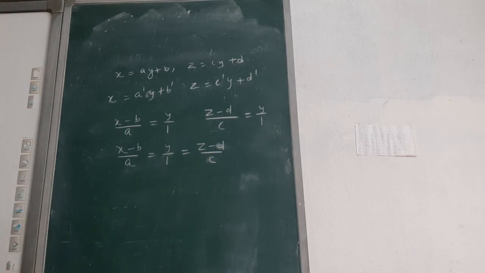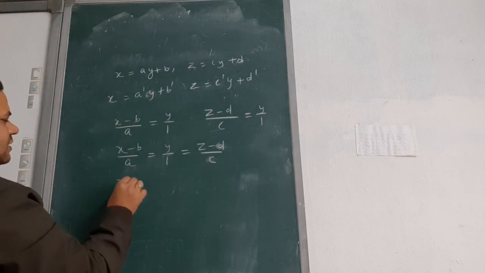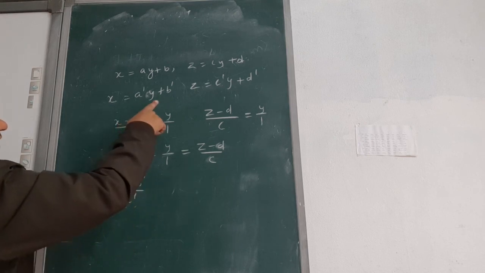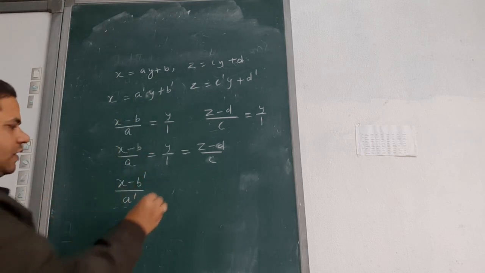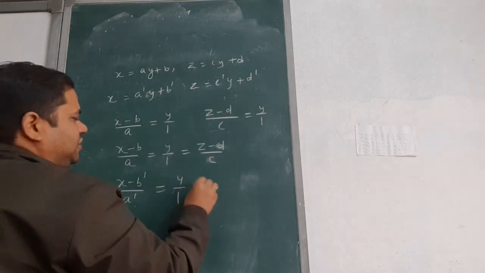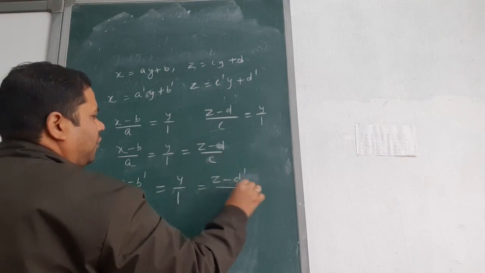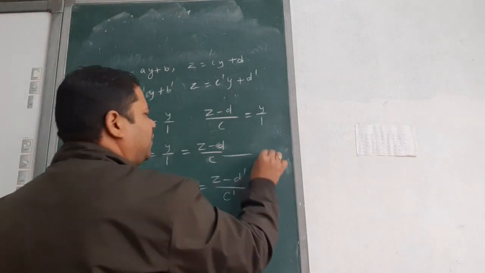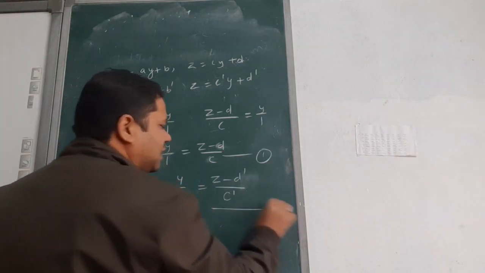Clear? Similarly, x minus b dash upon a dash is equal to y by 1, and from here also z minus d dash upon c dash is y by 1. So this is the first line and this is the second line.